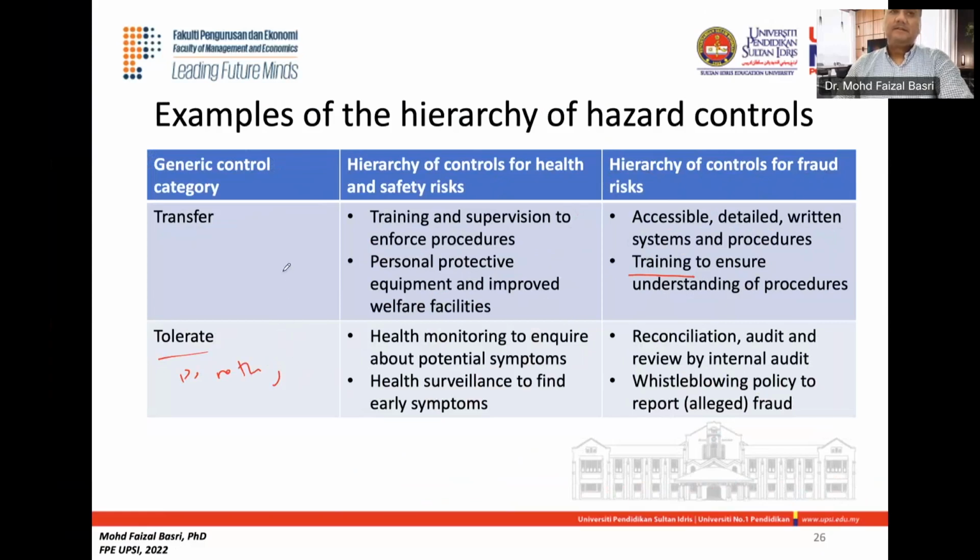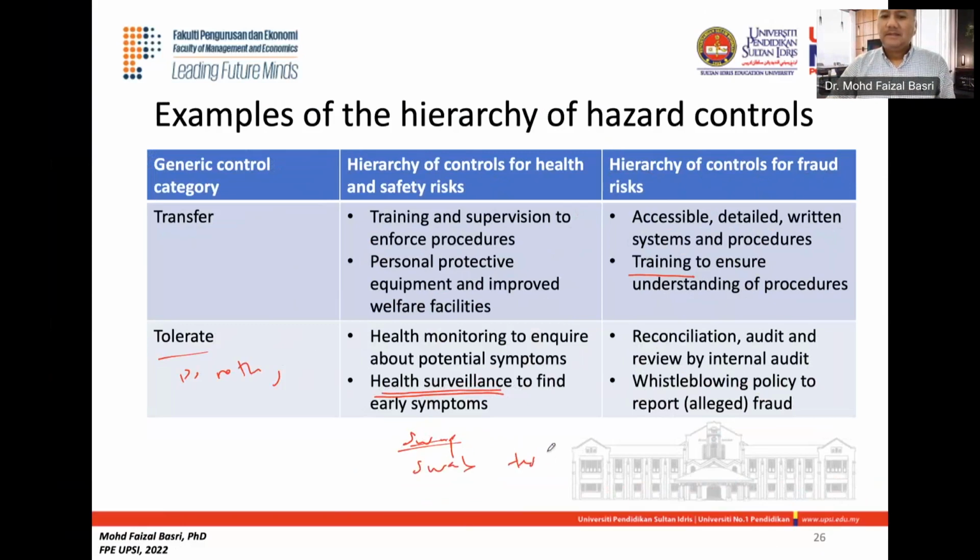In terms of avoiding the risk, you can put some scope with regards to health surveillance. Just do a simple test in order to find early symptoms. In the current condition, the swab test, for example.